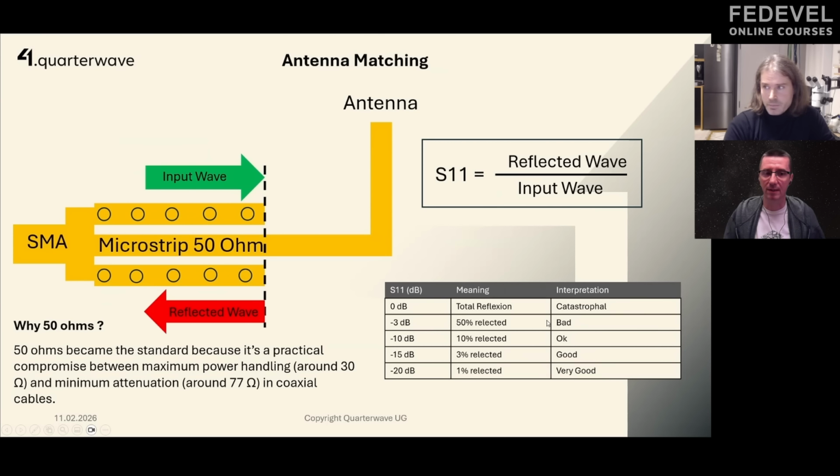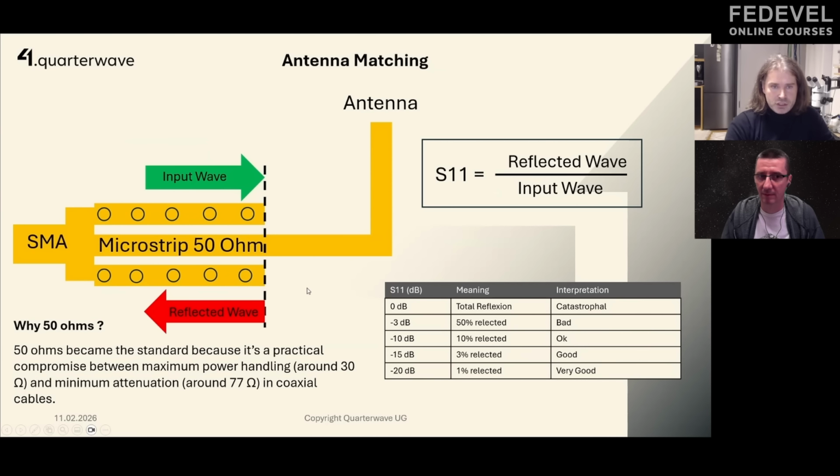So it means we send some signal to the antenna, it travels to the end of the antenna, and it starts returning back. 50% of the power will just travel back to the output of the antenna. Exactly. If you have 1 watt of power and you have minus 3 dB, then half a watt is reflected back to the transceiver. So it's very important to have good matching.